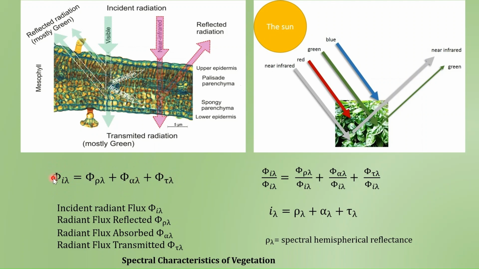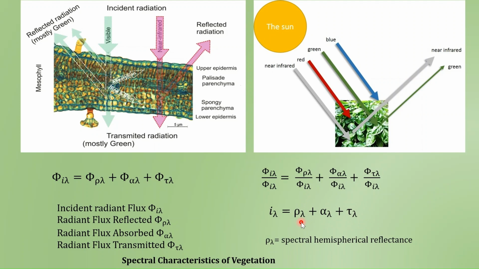If we divide each term in this equation by the incident radiant flux, then we get a spectral hemispherical value for each of them. So here we have the energy which is incident for a particular wavelength. It is equal to spectral hemispherical reflectance plus spectral hemispherical absorbance plus spectral hemispherical transmittance.